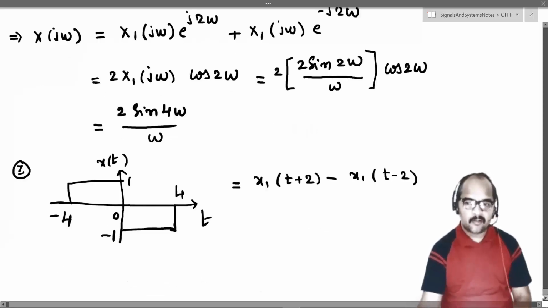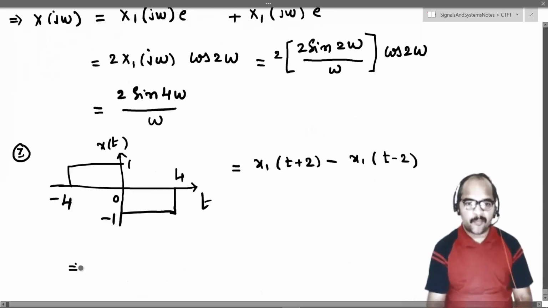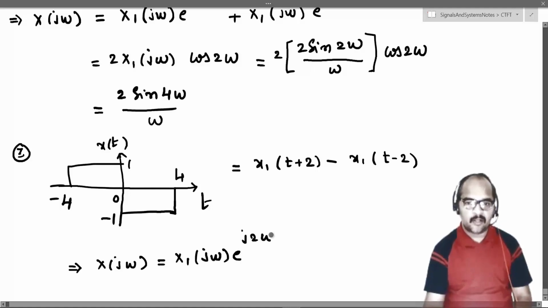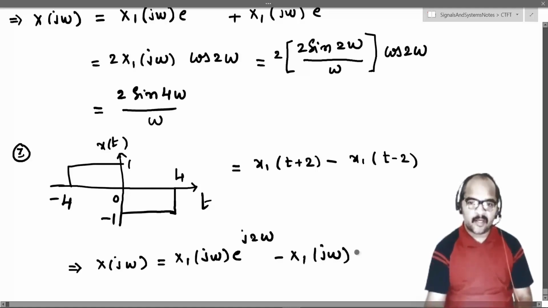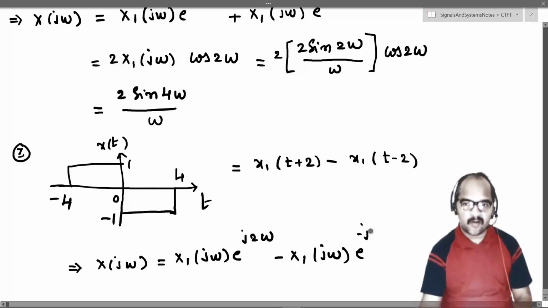So what will happen to the Fourier transform? We get x of j omega equal to x1 of j omega e power j2 omega minus x1 of j omega multiplied with e power minus j2 omega.